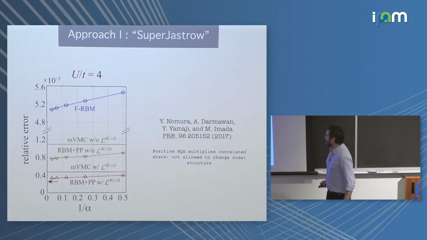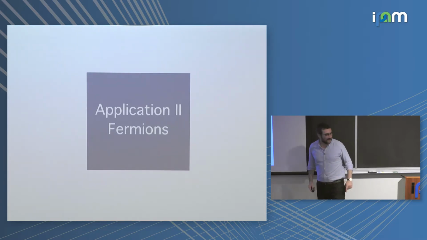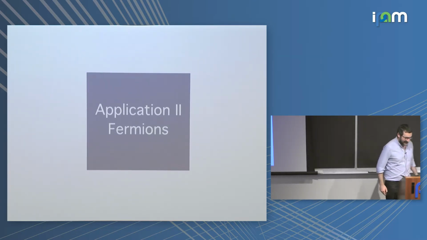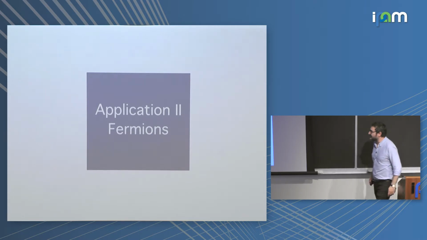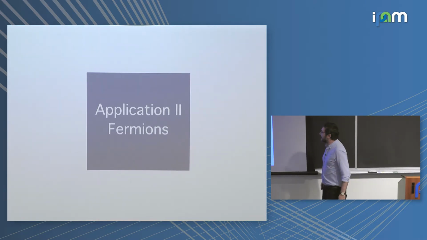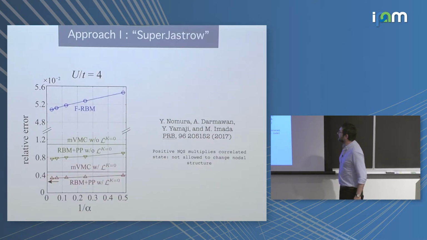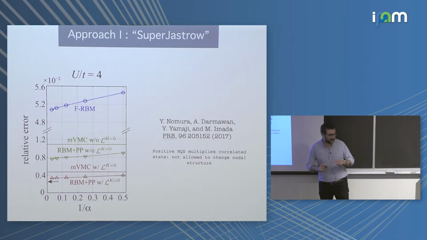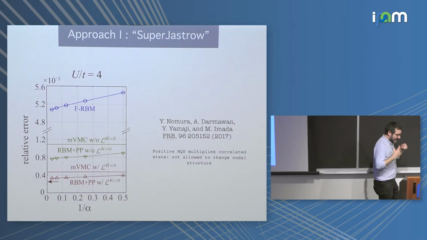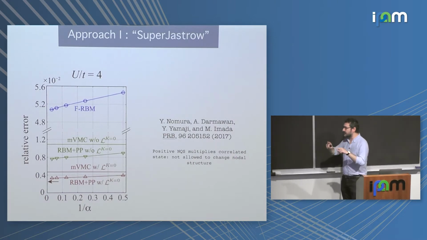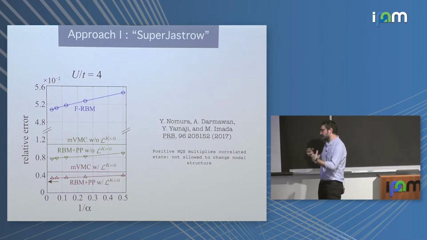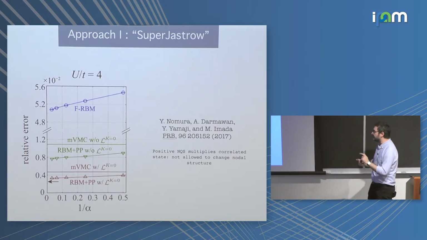Now, fermions. This is the second application, something that is very active these days. Until now I've described the case where we were dealing with just spin degrees of freedom, so there's no special symmetry in the wave function that you have to require.